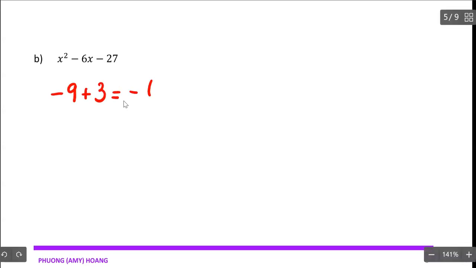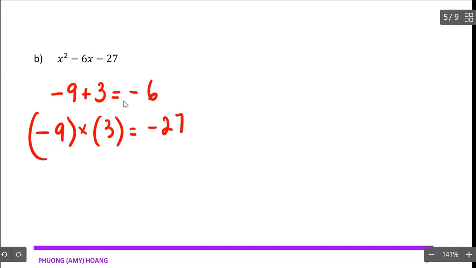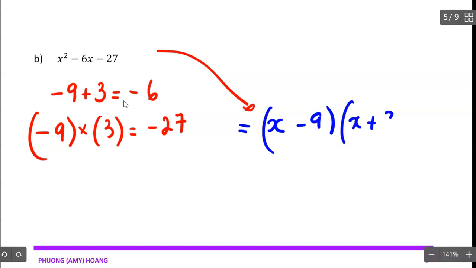So this would give me negative 6, and negative 9 multiplied with positive 3 should give me negative 27. So therefore, the factors will be x minus 9 and x plus 3. Or you can write x plus 3 multiplied by x minus 9, it's the same thing. So it's a good idea to check. Okay, so we always check.